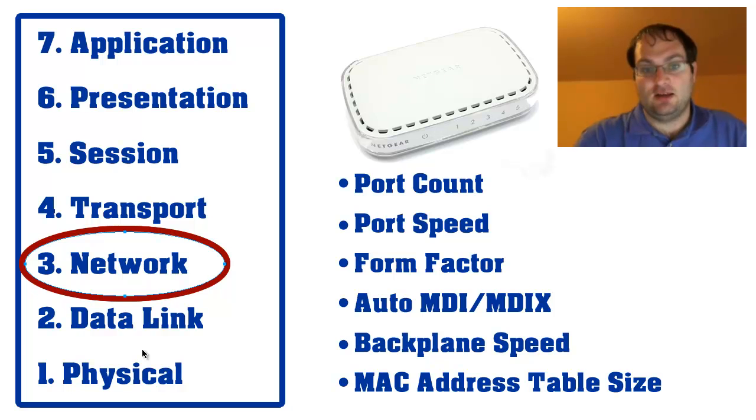Really, it's a switch plus the routing capabilities. And as I had said just recently, a router operates at layer 3. So if you hear of a layer 3 switch, all that is a switch with added routing capabilities. But traditionally, if it's a switch, it is identified as being a layer 2 device.